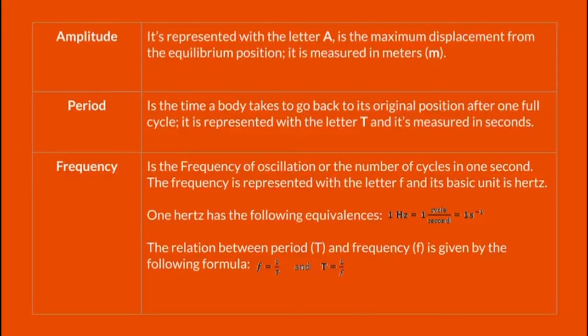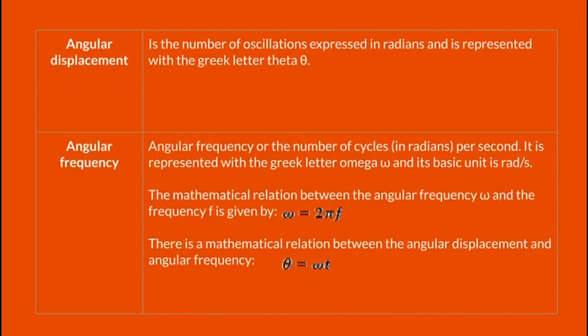Here we can see some formulas that show us the relation between period and frequency. Angular displacement is represented by the letter theta, and it's the number of oscillations, expressed in radians.